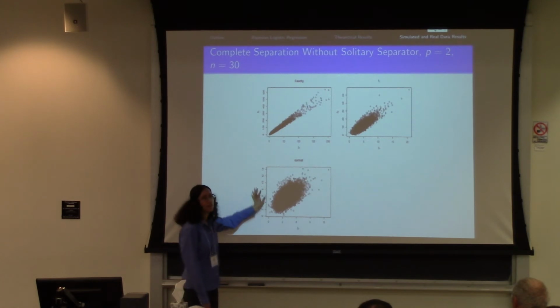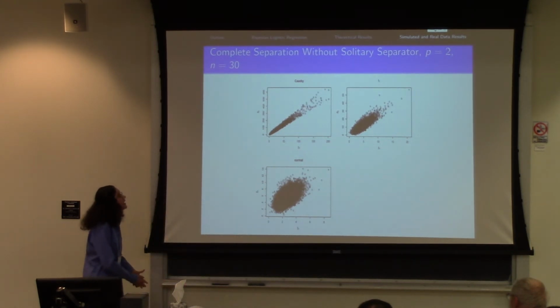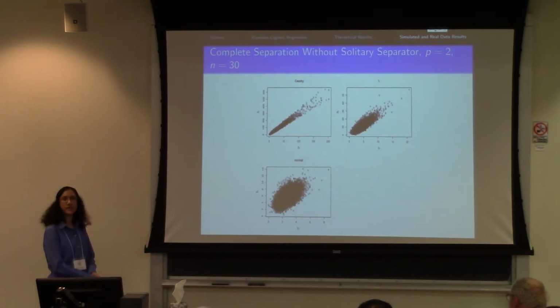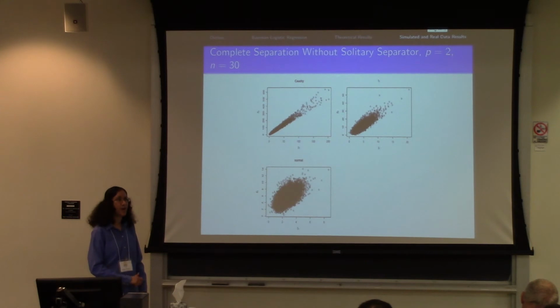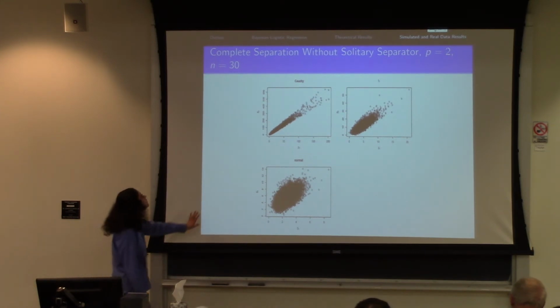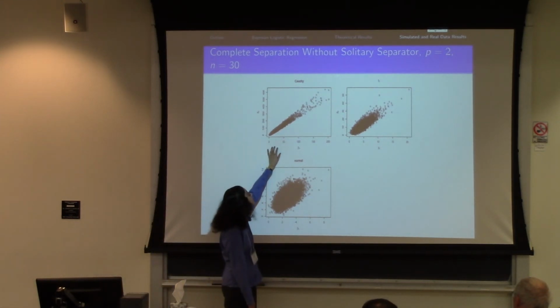So here, one thing that we see is that the posteriors look very different under the different priors. So here the prior does have an impact on the posterior because there's not much information in the data about these conditions. The maximum likelihood estimates are infinite in this case. So what we notice for the Cauchy is that the scales are huge here.